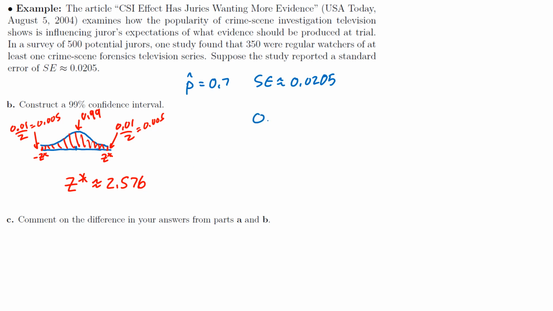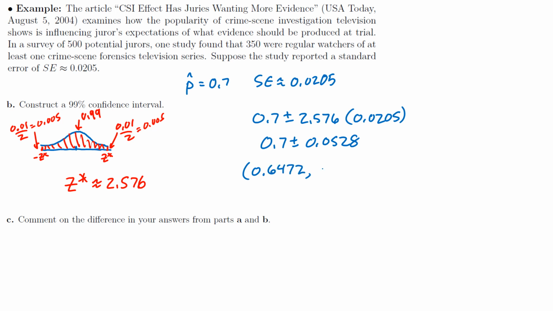I'm going to take 0.7 plus or minus 2.576 times the standard error, which gives me 0.7 plus or minus 0.0528. So notice I'm adding and subtracting a bigger number than I did on the previous one. So this is going to give me a wider interval, 0.6472 up to 0.7528.